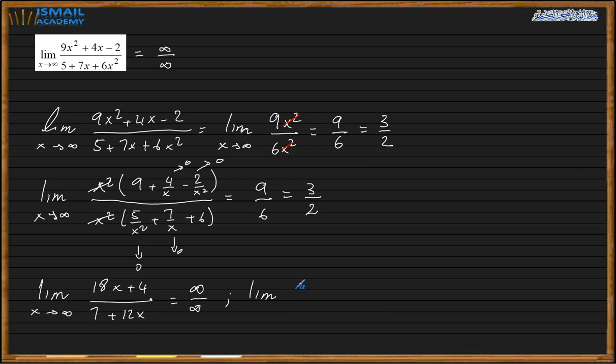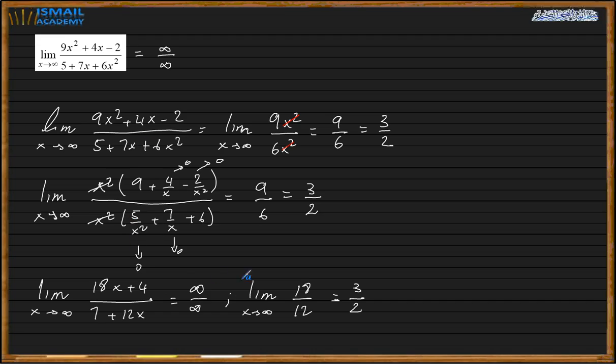It's going to be the limit of 18 over 12 when x goes to infinity. If I divide by 6 here, I will end up having 3 over 2, and as you see, it's the same thing. So it's better to use one of those ways than L'Hopital's rule.